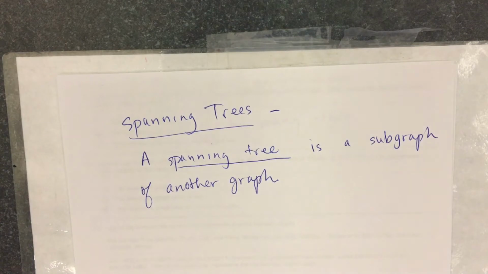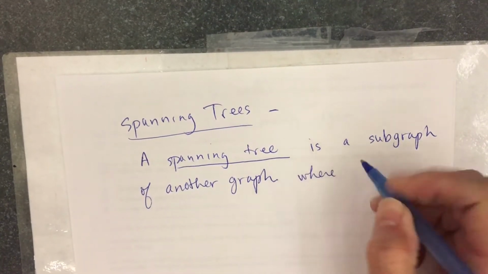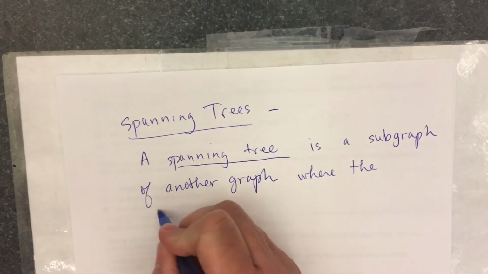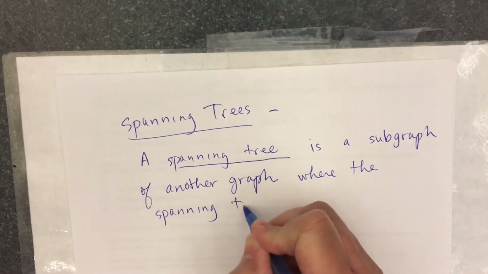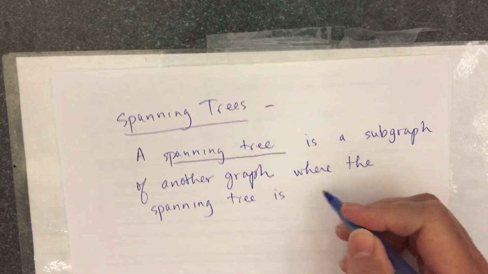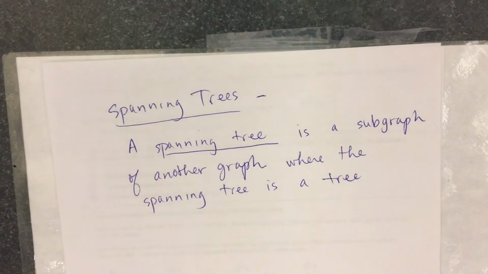I guess it could be, but that's not quite what we're talking about in the class. It's a subgraph of another graph where the spanning tree is a tree. Just by the name, I guess you figure it's a tree.